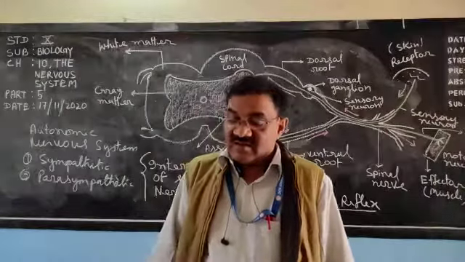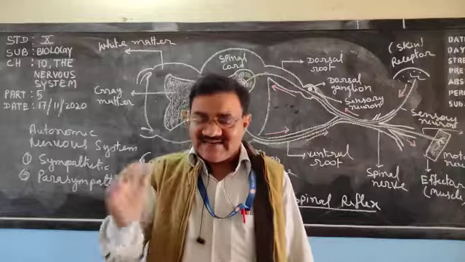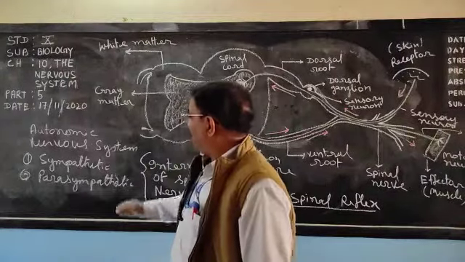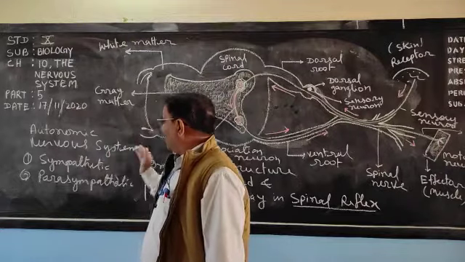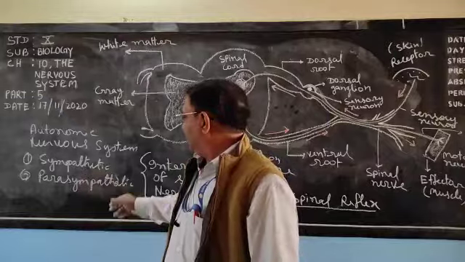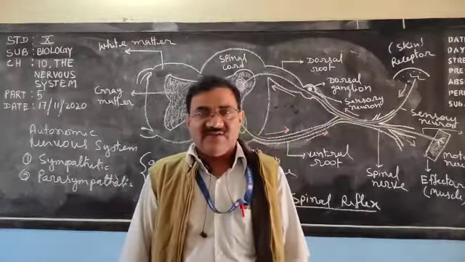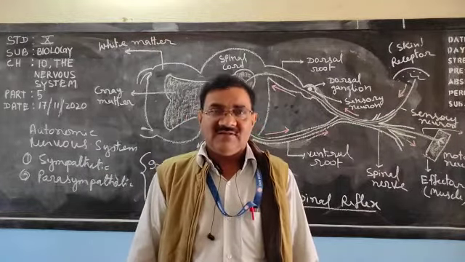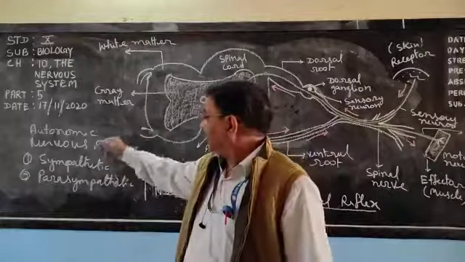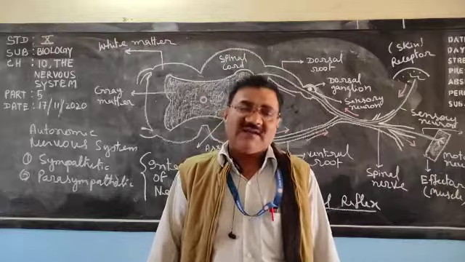Somatic is made up of two types of nerves, cranial nerves and spinal nerves, and the autonomic nervous system is of two types, sympathetic and parasympathetic. So in this video only this much. In the next video we will discuss in detail about the autonomic nervous system.